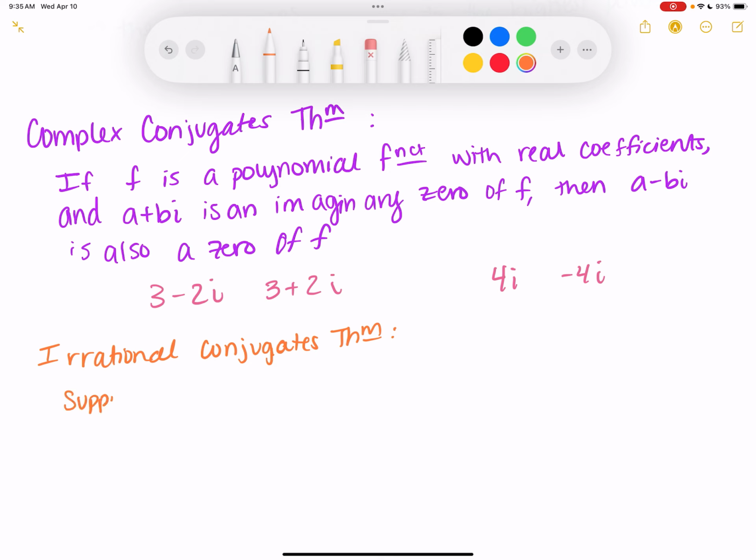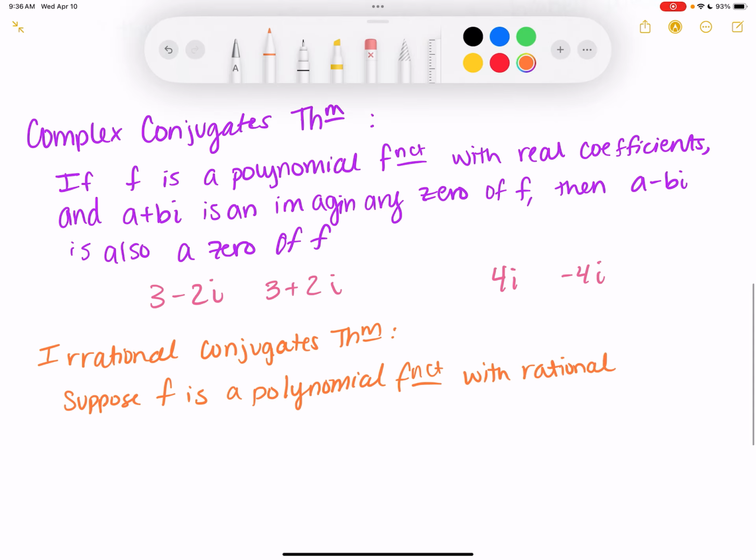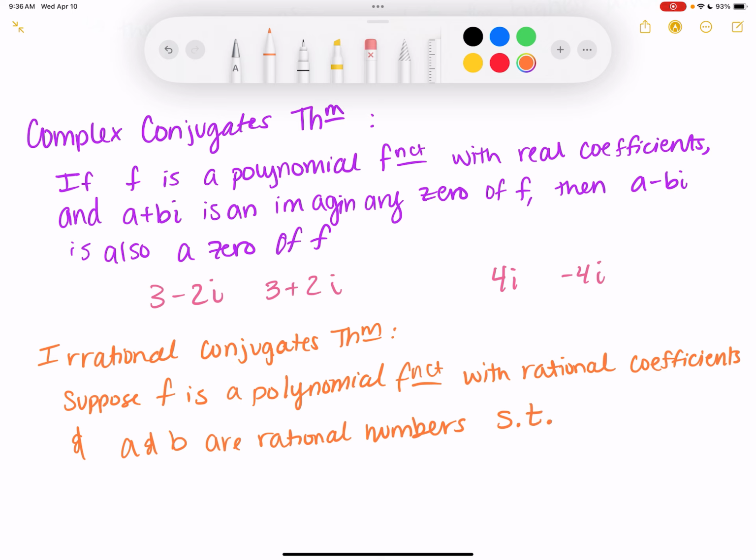So suppose f is a polynomial function with rational coefficients and a and b are rational numbers such that, I don't know if you've seen me use this notation before, but s.t. means such that, the square root of b is irrational.